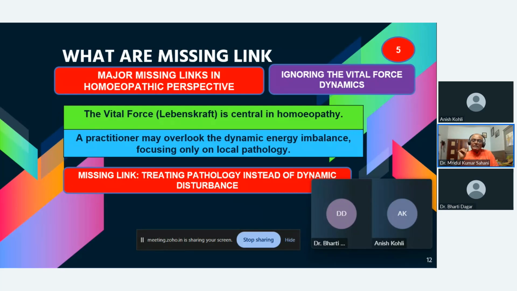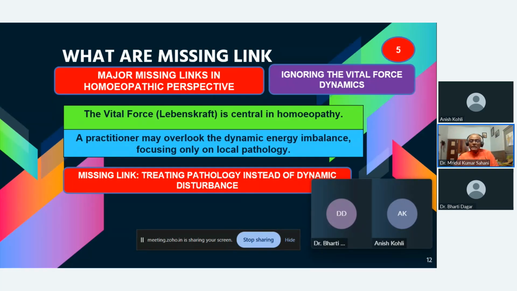Vital force is central to homeopathy. With this energy imbalance, you are emphasizing only the local pathology. Suppose you are looking at a patient who is diabetic, and you are looking only at the diabetic features and not trying to look into the mental state and other physical energy levels, then you may be missing the vital principle, the vital dynamics.